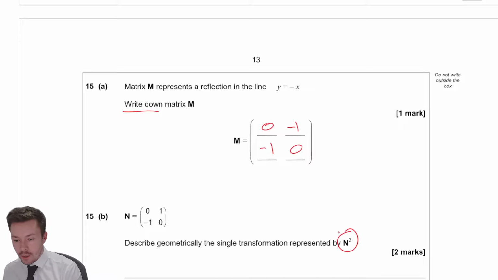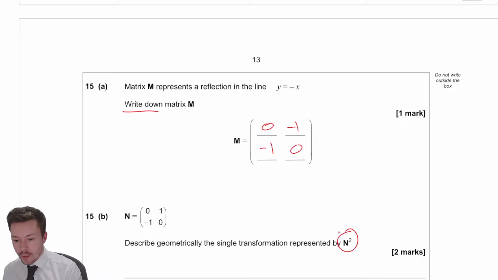Now this next bit, we need to do n squared. So we're going to do 0, 1, -1, 0 times by 0, 1, -1, 0. Now we do 0 times 0 is 0, and then 1 times -1 is -1.